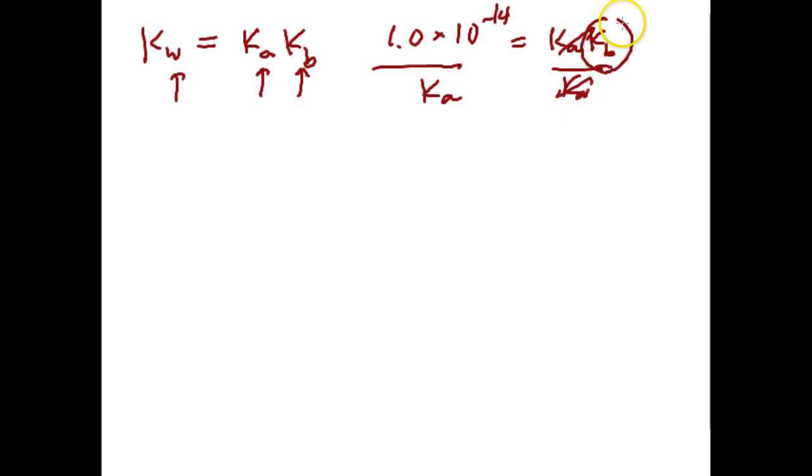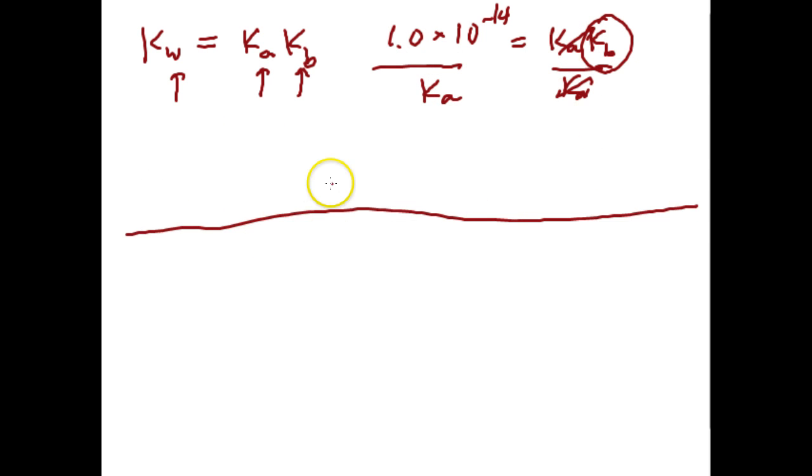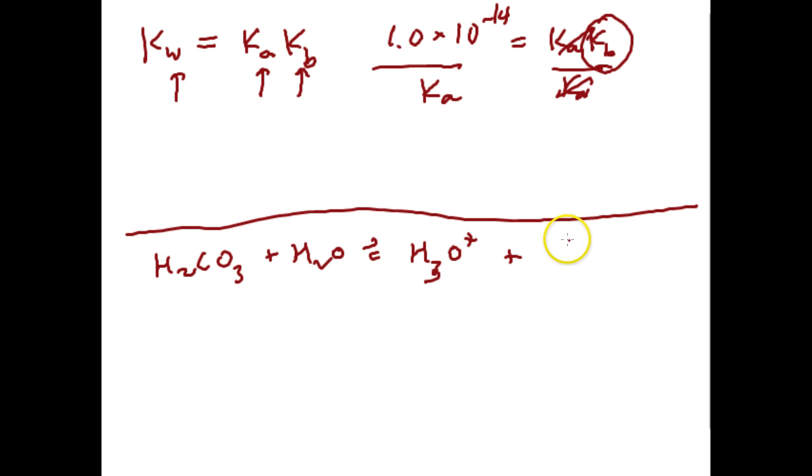So Kb equals that. Now, they've given us two Kas. They've given us the Ka for the first proton of carbonic acid, which gives H3O plus and bicarbonate ion.